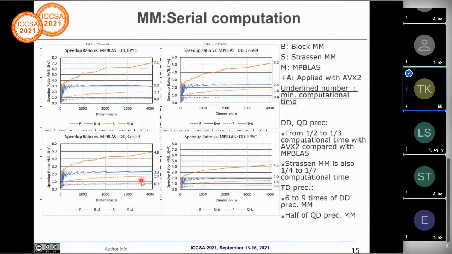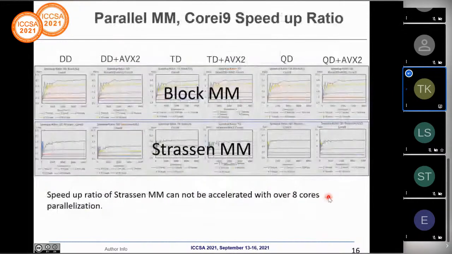We get better performance than Nakata's MPLAPACK matrix multiplication library, the Rgemm function. We also implemented a parallelized version of our matrix multiplication.